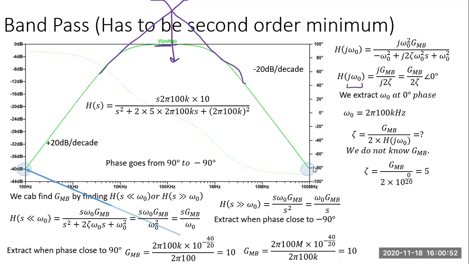Or conversely, out here at minus 90, your frequency that you're extracting at is 2 times pi. You're extracting out here to that gain divided by S, and you get 10. All right. So it's a little more involved.